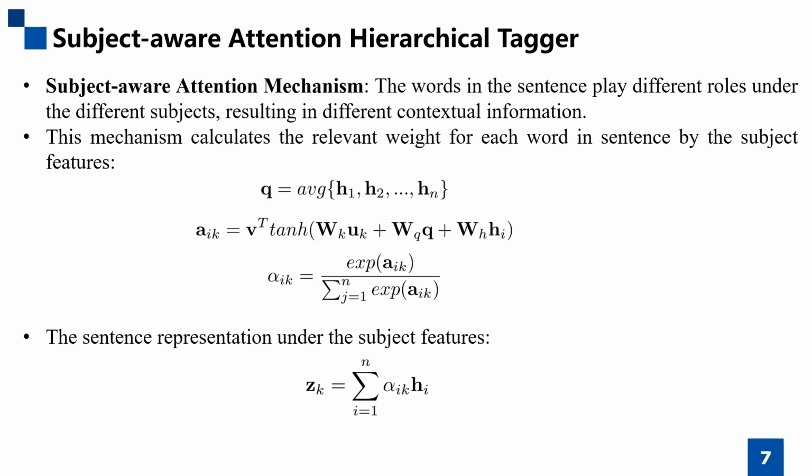The words in the sentence play different roles under different subjects, resulting in different context information. So we propose a subject-aware attention mechanism. This mechanism calculates the relevant weight for each word in the sentence by the subject features. Finally, we get the sentence representation and the subject features.